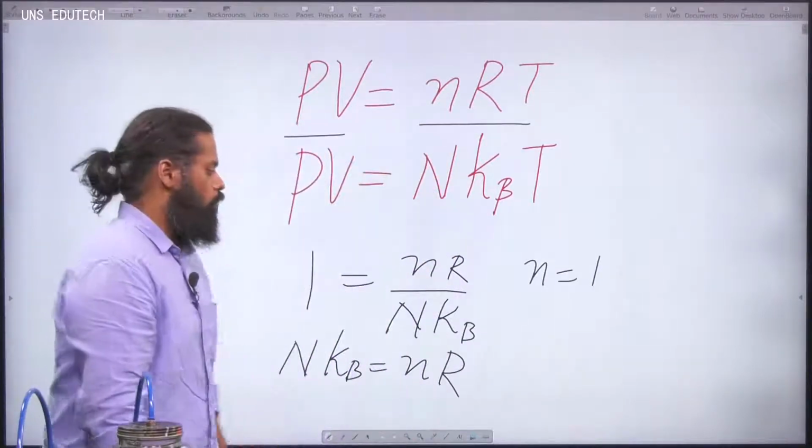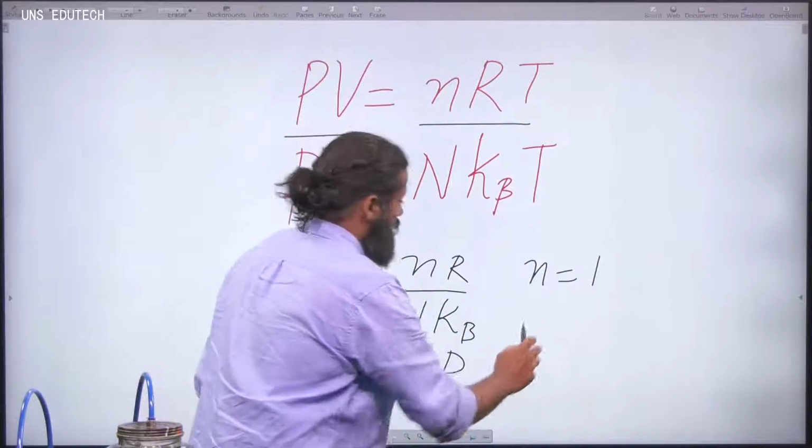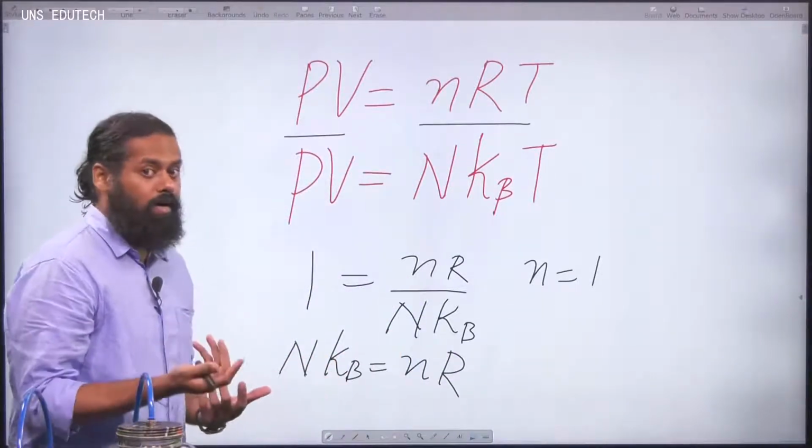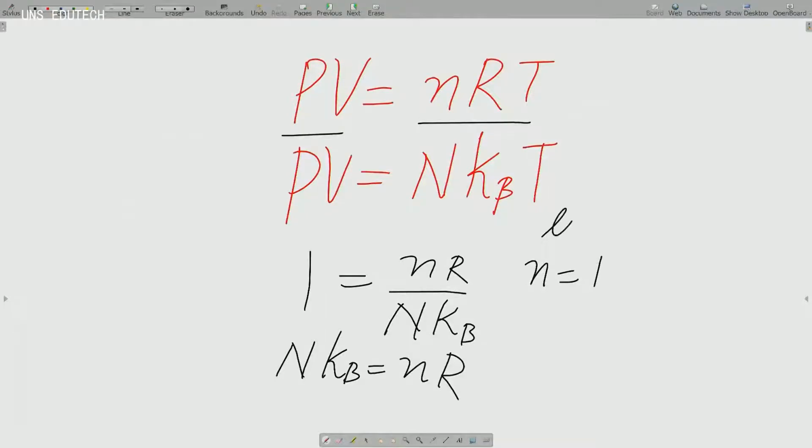Assume n is equal to 1 mole, then the number of molecules, capital N, will be equal to the Avogadro number, Na. You can substitute that value here.